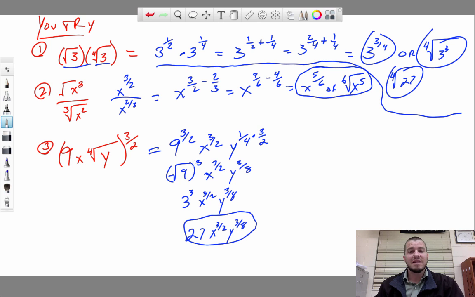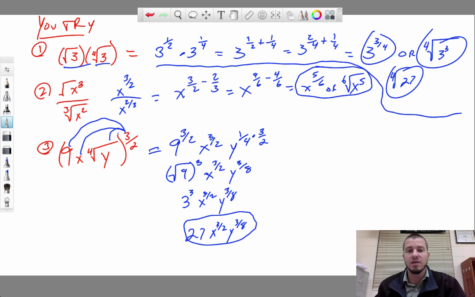So to simplify this last one, remember I'm using my power to a power rule, so I distribute this to each part of that monomial, the 9, the x, and the y. Notice I changed the y to exponential form. It's y raised to the 1/4. So 9 raised to the 3/2, that becomes the square root of 9 to the 3rd. The square root of 9 is 3. 3 to the 3rd becomes 27.